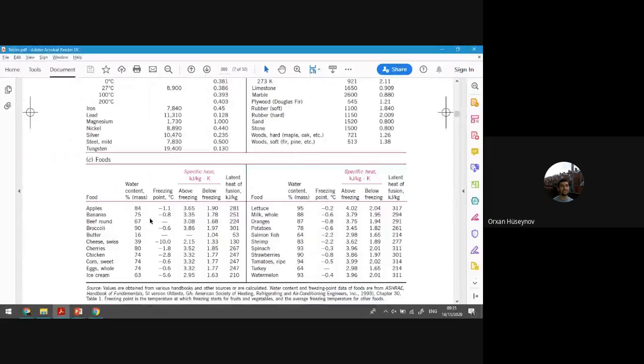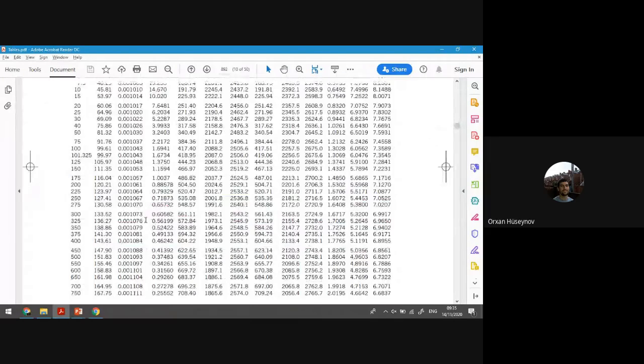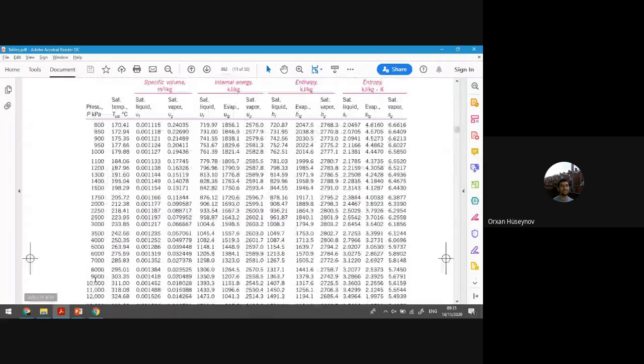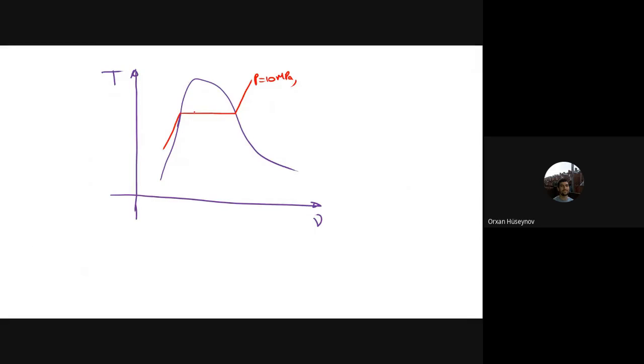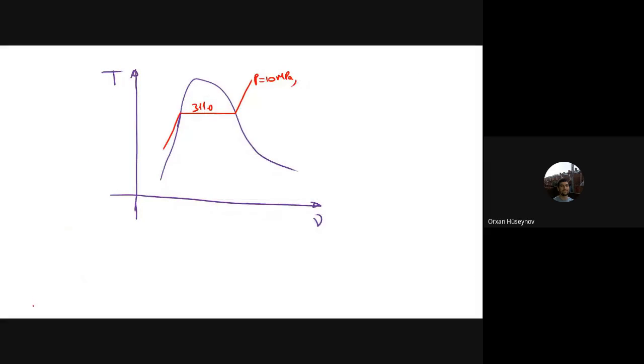I'm going to the chart and I write the saturation temperature for the 10 megapascals. If it is 10 megapascal, saturation temperature is at 311. So this boiling part, it is 311.00. So it is 311 degrees Celsius, this line.